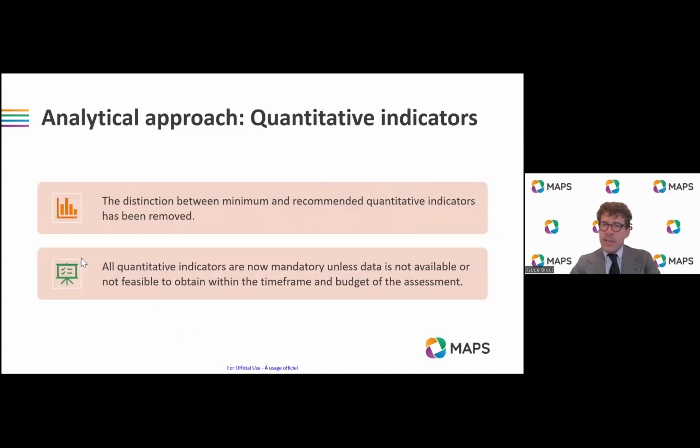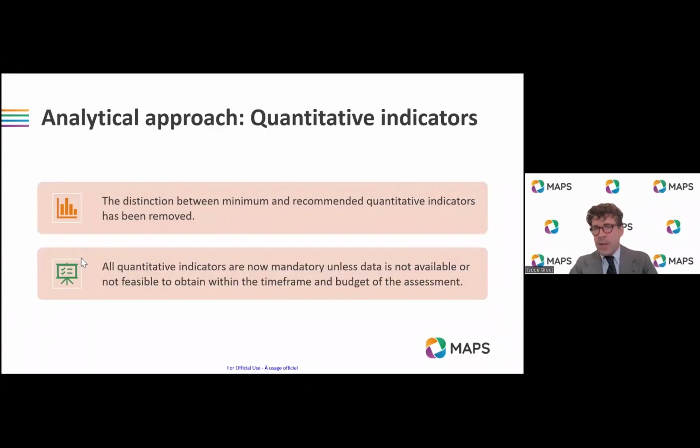For quantitative indicators, the change we have made is very minor. We have removed the distinction between minimum and recommended indicators, which means that now all quantitative indicators are mandatory unless data is not available or feasible to obtain in order to calculate them.